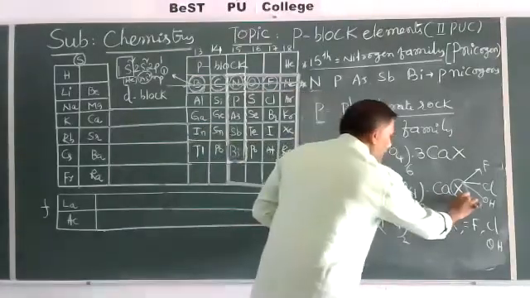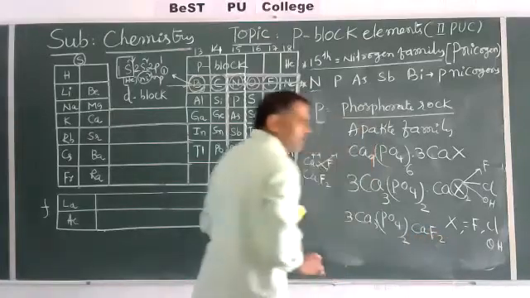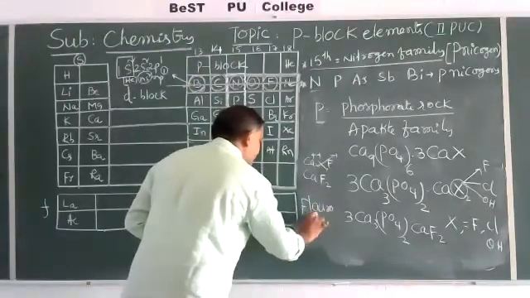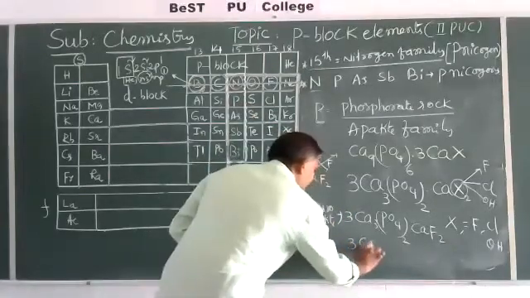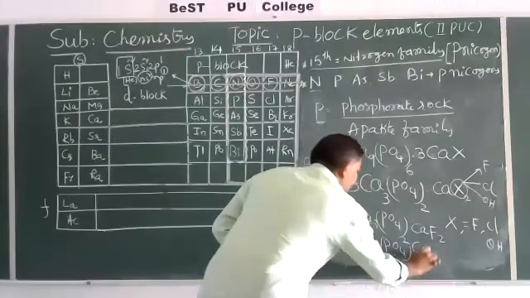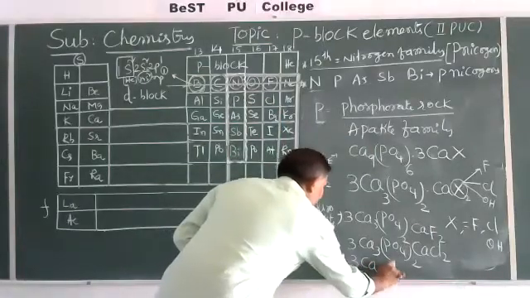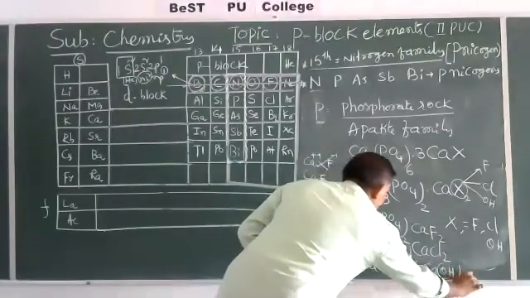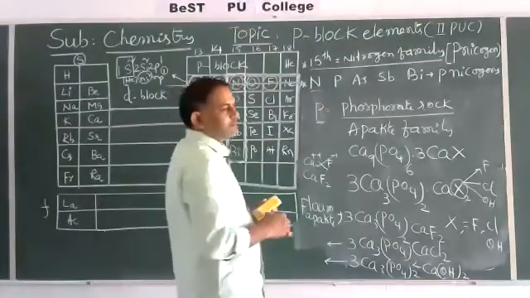Now its name is fluoroapatite. Similarly, 3 Ca3(PO4)2 CaCl2 is chloroapatite, and 3 Ca3(PO4)2 Ca(OH)2 is hydroxyapatite.